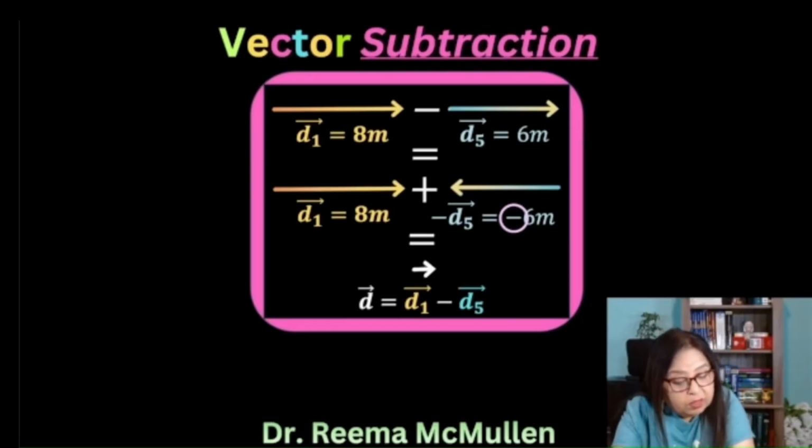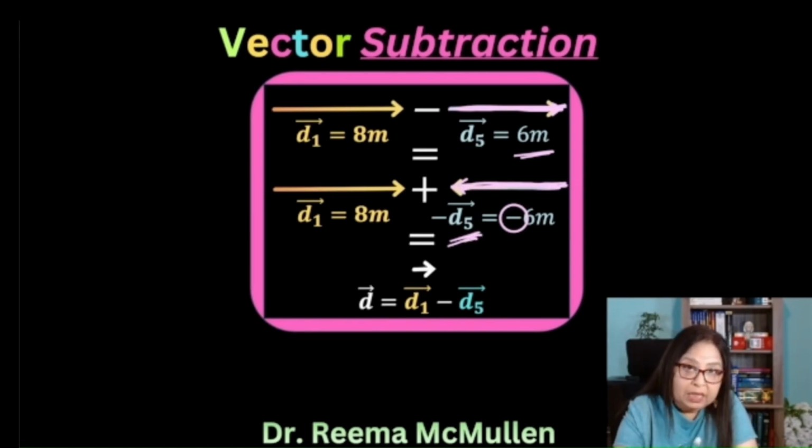So this one up here, which was D5 equal to 6 meters, let's say the length of this is 6 meters, then the length of minus D5 is also 6 meters. These are both equal in length. This minus here means that minus D5 is going to the left.